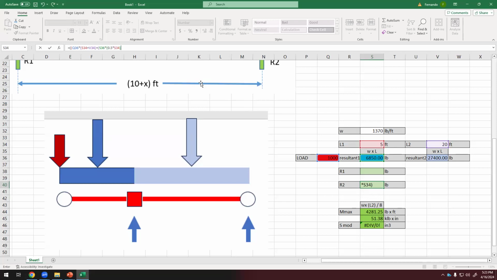Close parentheses. No, do not close the parentheses yet. It's okay. I need to open another parenthesis here. Plus L2. And now I can close it.